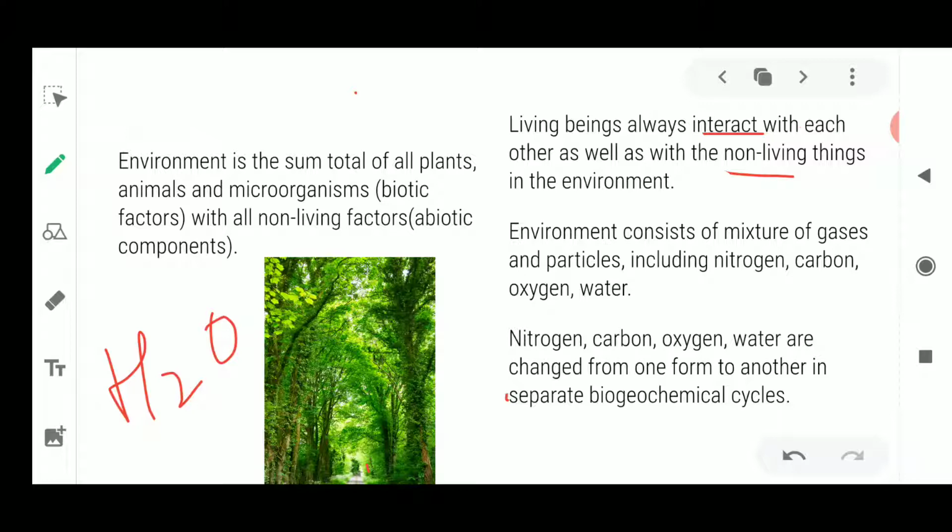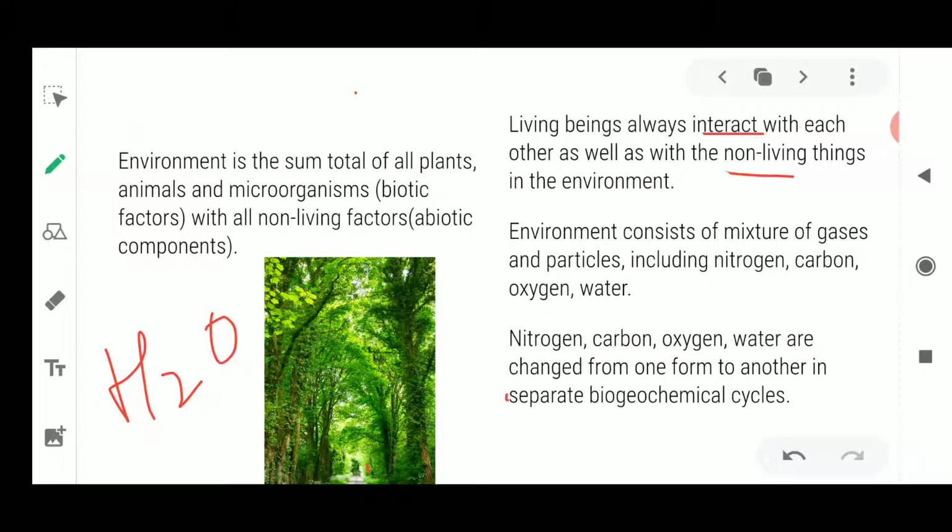So we require water for each and every purpose. All these are the ways by which you can establish a relationship between the biotic and abiotic components of the environment.